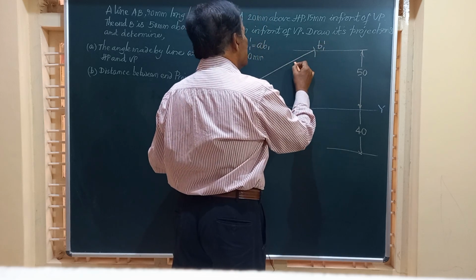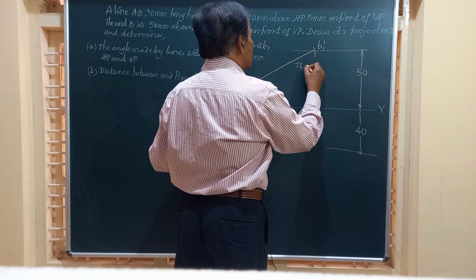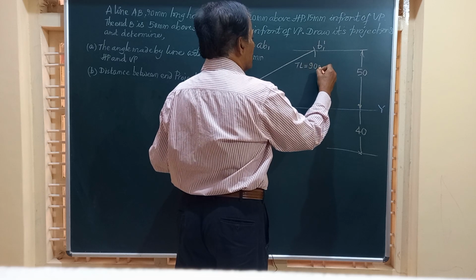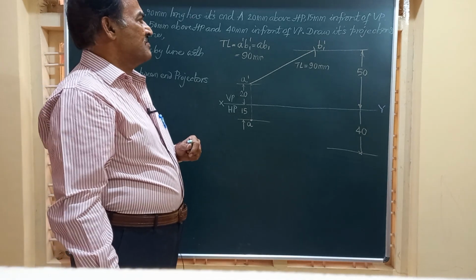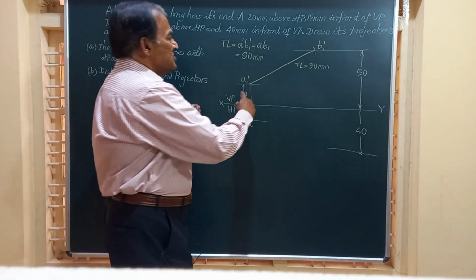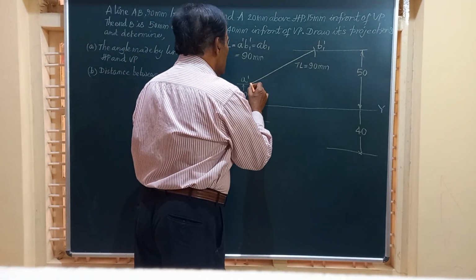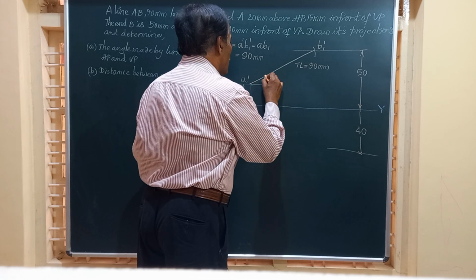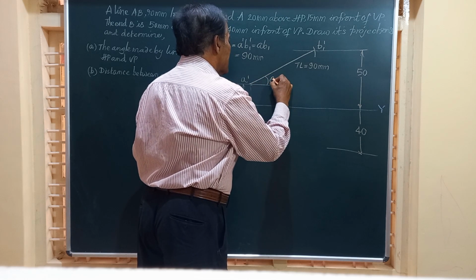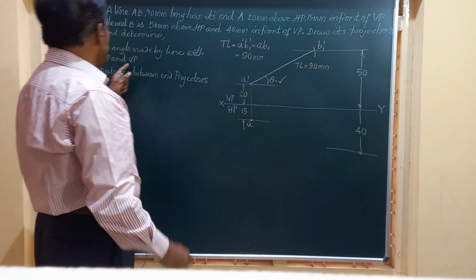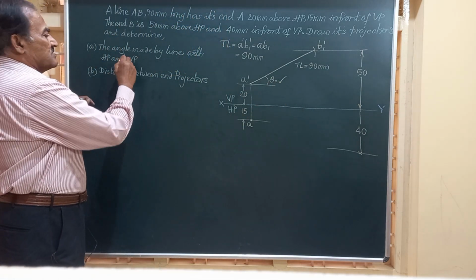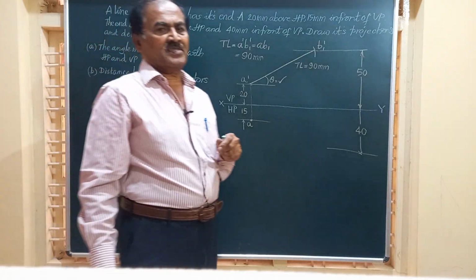Friends, this is the true length of the line, that is equal to 90. I think you are following it very clearly. Friends, once you have this true length, you can measure the angle made by the line, that is theta, with the HP. That can be found out. That is the first part, A, of that.